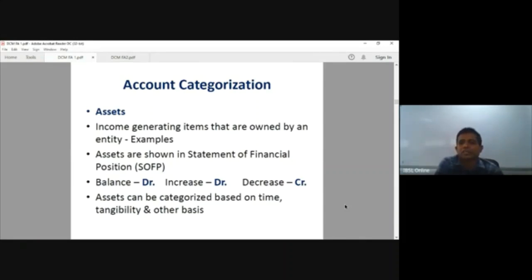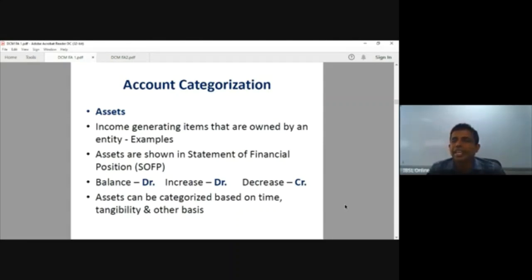If I take another example, I am doing this lecture in this IBSL building, a 12 storey building. That is an asset to this institute. Why? It generates some income, directly or indirectly, short term or long term. Right?